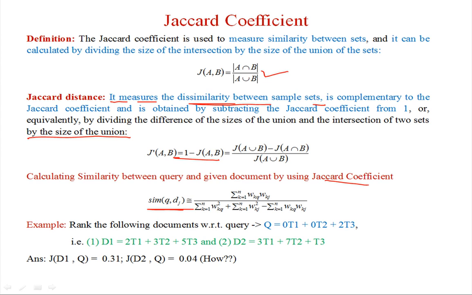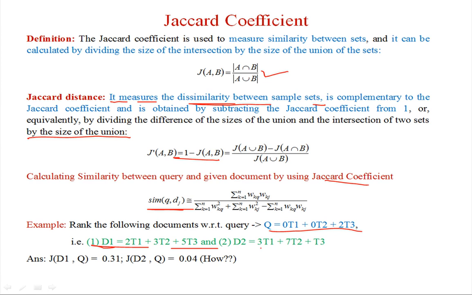For example, this is a given query. It contains 0 T1, meaning no presence of term T1, 0 T2 and 2 T3, meaning it contains 2 times T3 and 0 times T1 and 0 times T2. So first, for document D1, we will calculate the score of this query with respect to document D1 and then calculate the score of the query with respect to document D2.